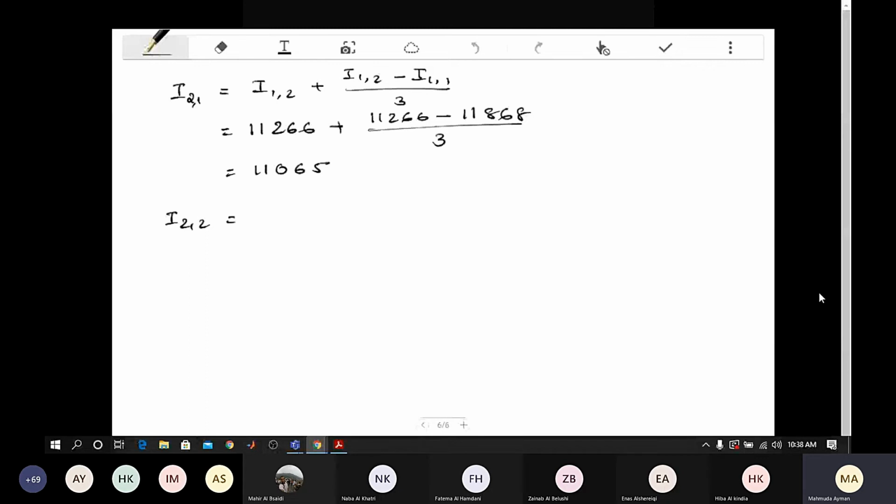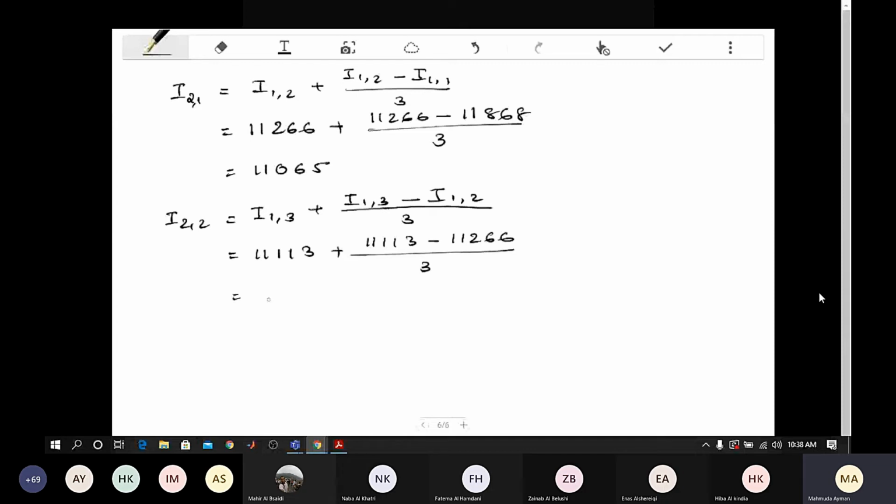So we have I1,3 plus (I1,3 minus I1,2) divided by 3. For this, we have the values as 11113 plus (11113 minus 11266) divided by 3.